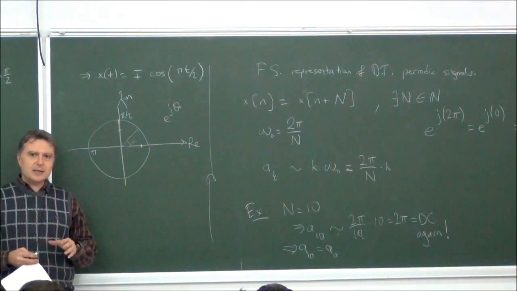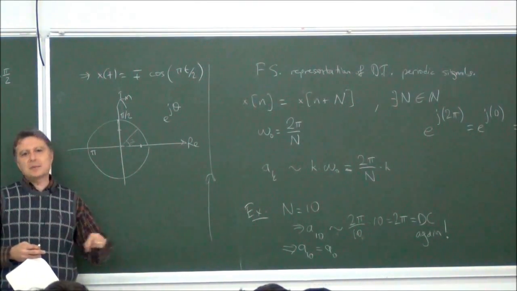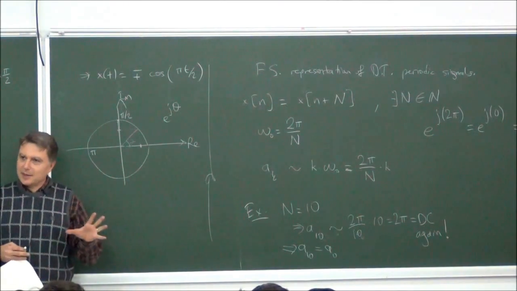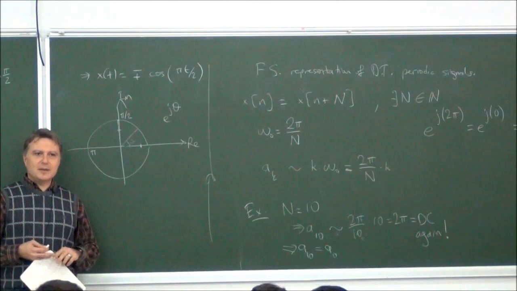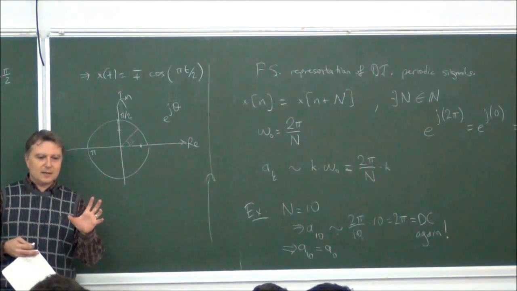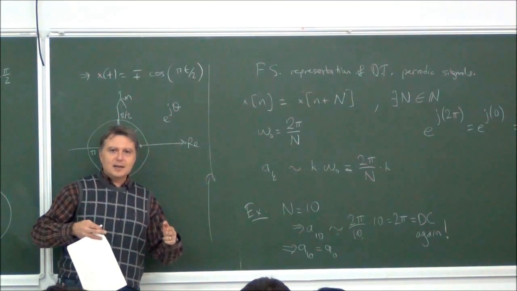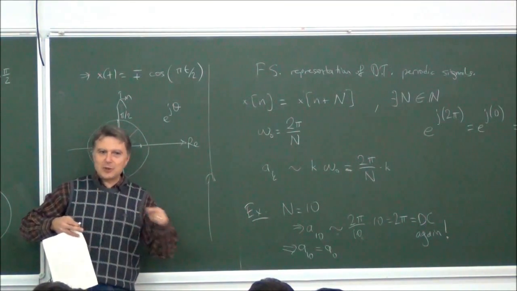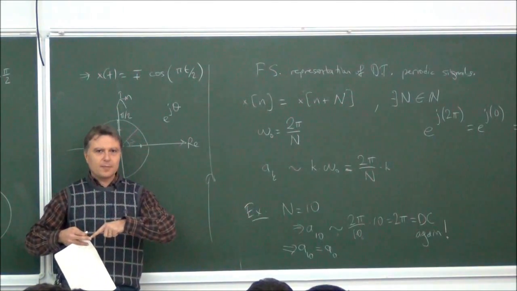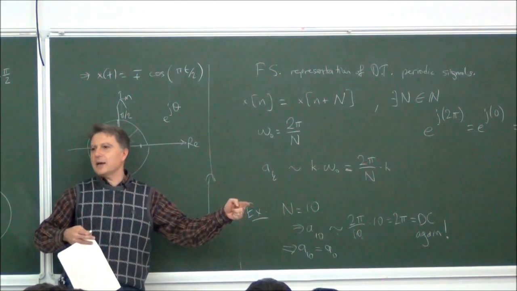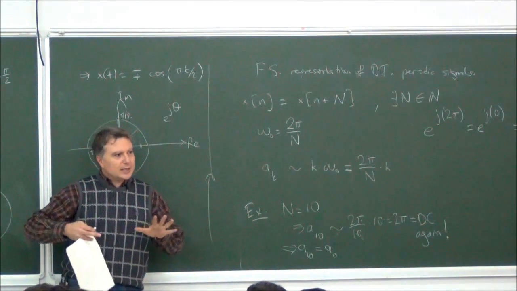In the discrete case, the Fourier series coefficients start repeating themselves after the number of items equal to the period. The period is 10, then there are only 10 distinct Fourier series coefficients from a_0 to a_9, and then a_10 is the same as a_0. a_11 is the same as a_1. a_12 is the same as a_2. It goes on like this.